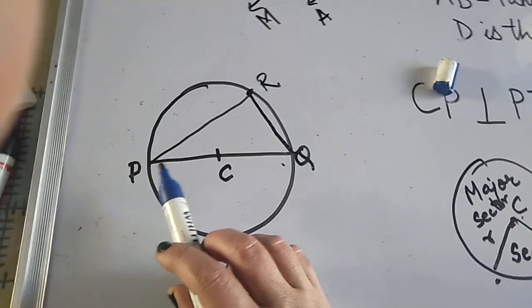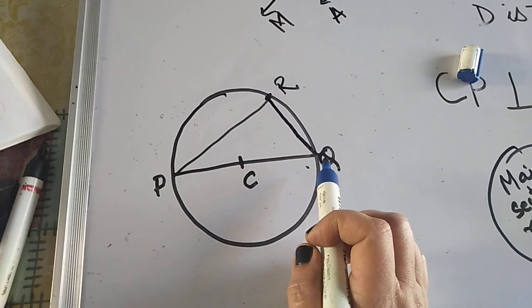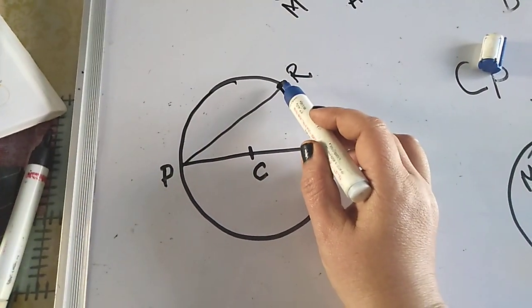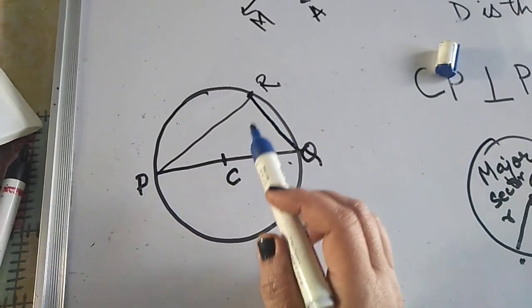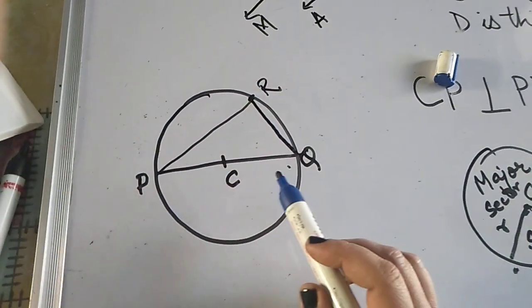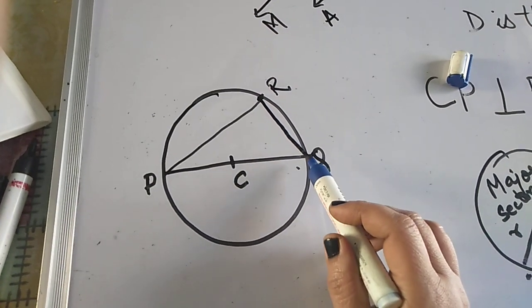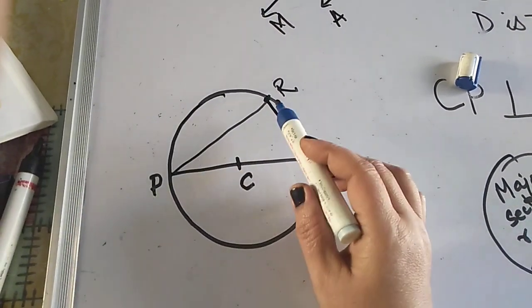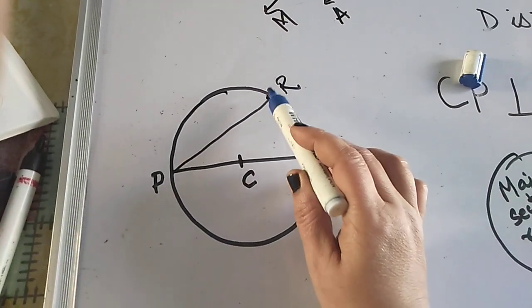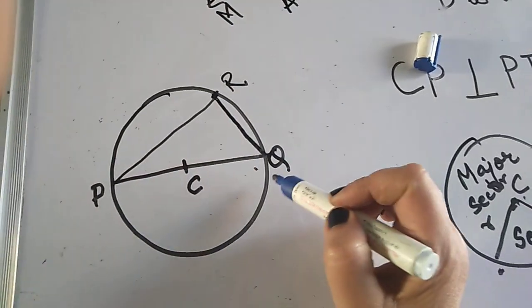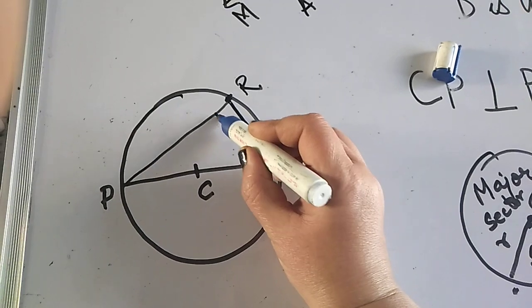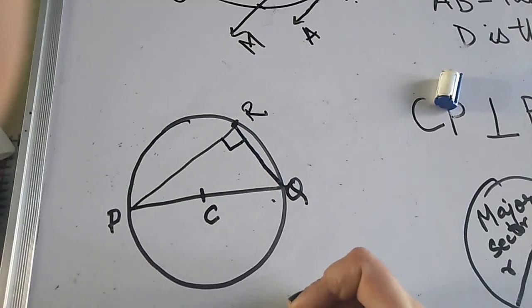PQ is a diameter, R is any point on the circumference. Very, very important point. You will not be able to solve the exercise if you don't understand this. So angle PRQ is always a right angle.